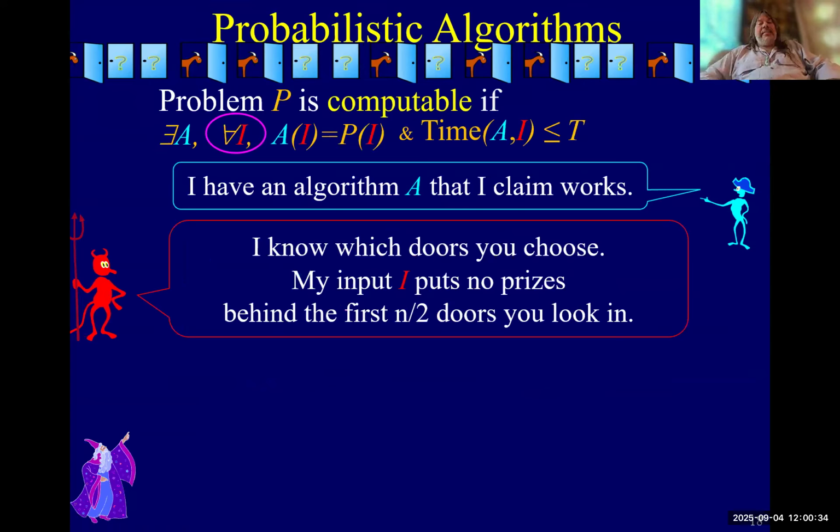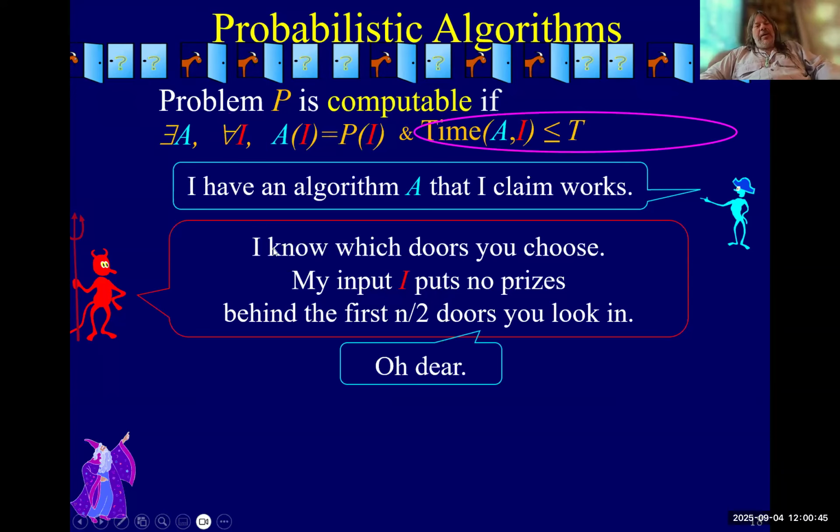And is this fair? Well, it's not really fair because the algorithm says which doors will be opened, and then the adversary knows which doors will open and will put the prizes behind the doors that aren't open, right?